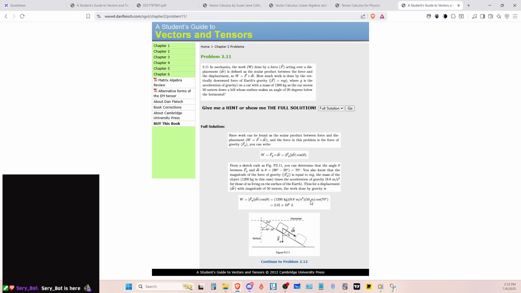Let's see. So, oh, okay, I see why they did that. So basically, with cosine, you have to act like this angle here, so this is like that vertical. I think that would be extra work, though.